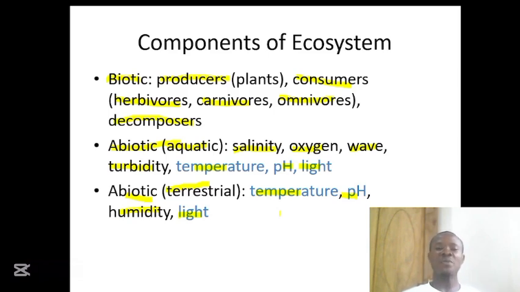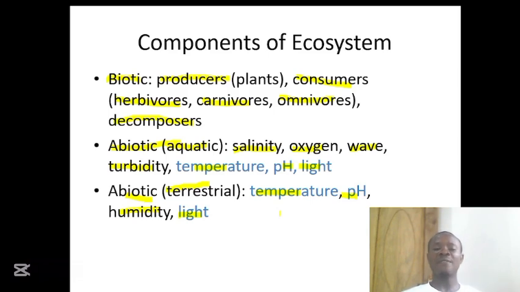Some species depend on temperature for their reproduction. As in the case of fowl, they have to incubate their eggs for some days before they are hatched. In the case of tortoise, the temperature can determine the sex, that means the type of offspring that they will have, whether male or female.